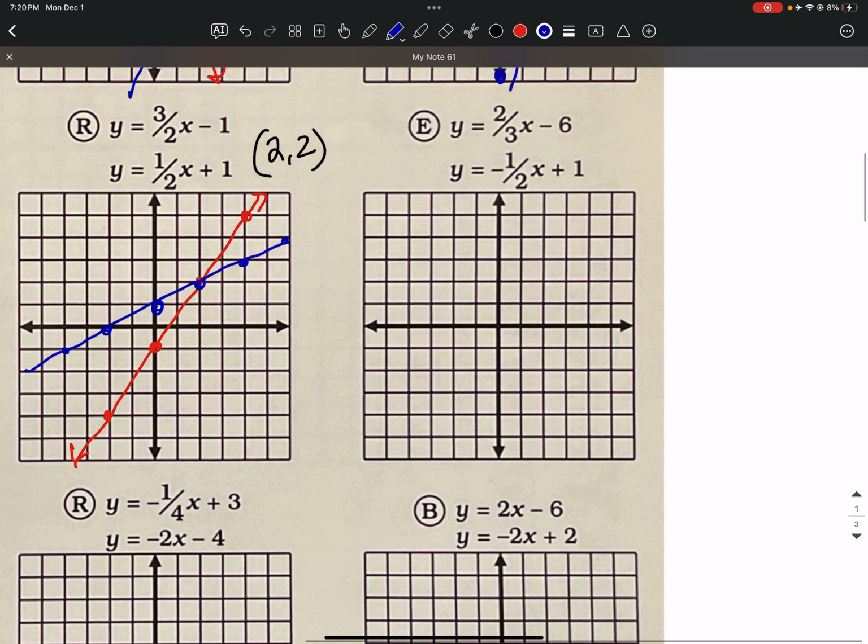This one starts off at negative 6, which is all the way down there, and goes up 2 over 3, up 2 over 3. Okay. This one starts off at positive 1 and goes down 1 over 2, down 1 over 2, down 1 over 2. Okay, they hit over here at 6, negative 2.